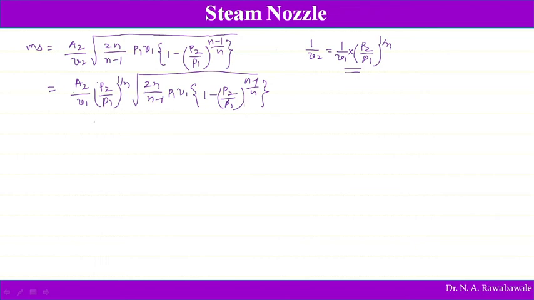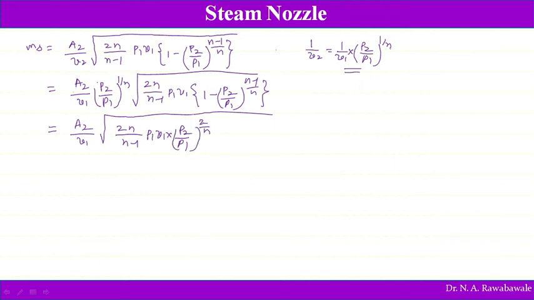So now this term p2 divided by p1 is transferred into this bracket, so into the square root. On transferring, a2 divided by v1 remains outside, and when this is transferred into the square root, it has to be squared. So therefore square root of 2n divided by n minus 1 p1 v1 into (p2 divided by p1) to the power of 2 divided by n.